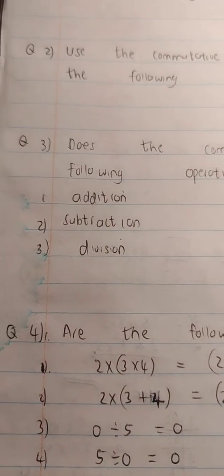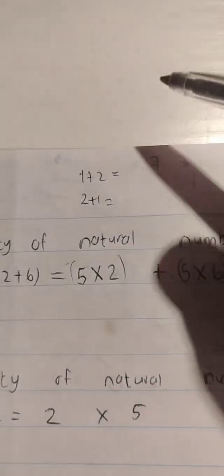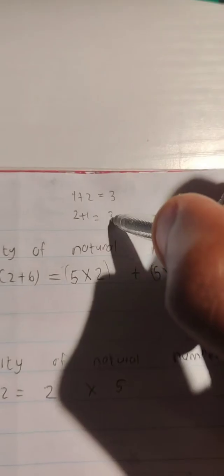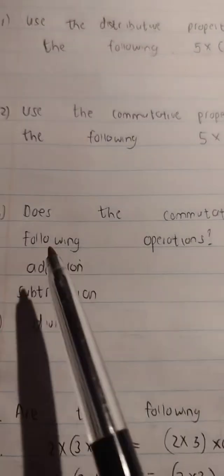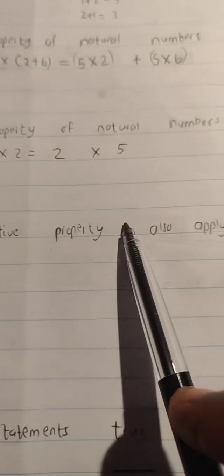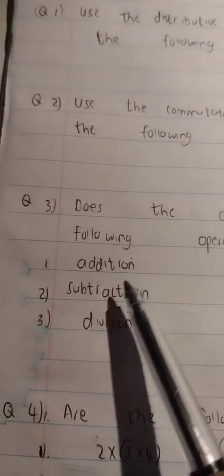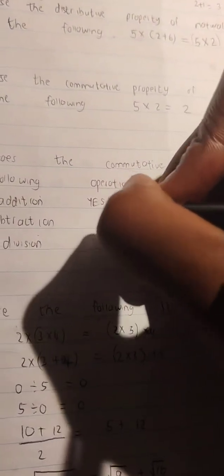That's the question. So for instance, if I take 1 plus 2, and I change it up and say 2 plus 1, do I get the same answer? Yes, I do, because 1 plus 2 is the same thing as 2 plus 1. So the answer is yes, it does.